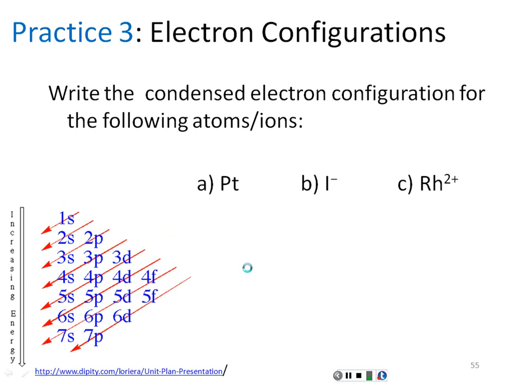Okay, let's try some more electron configurations, now with a couple of ions. Write the condensed electron configuration for the following atoms or ions. We're going to start with B, iodine minus.